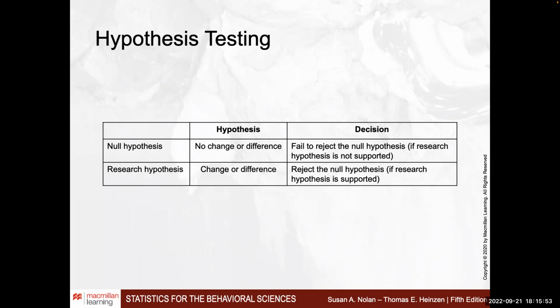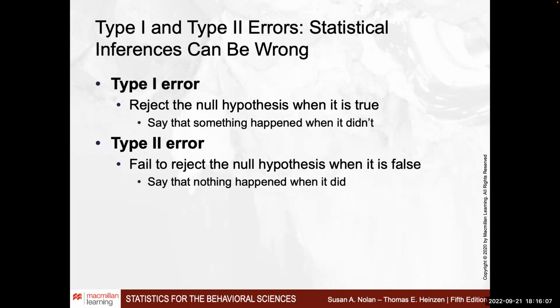We have a null hypothesis with no change. The decision is to either fail to reject the null hypothesis, which basically leads you to accept it, or reject it, in which case you are accepting the research hypothesis. You can do this at a certain error rate, quantified as the so-called type 1 error, which is supposed to be smaller than 5%.